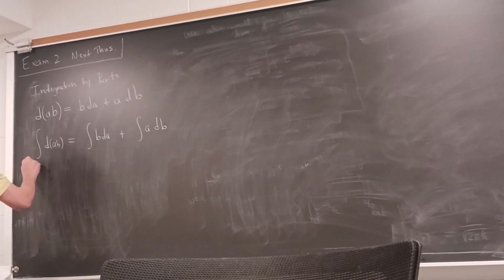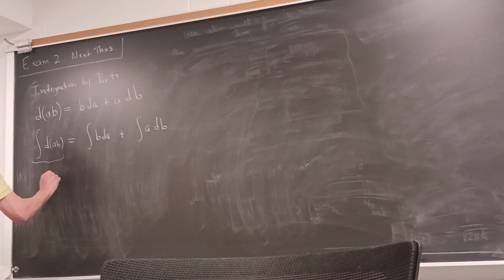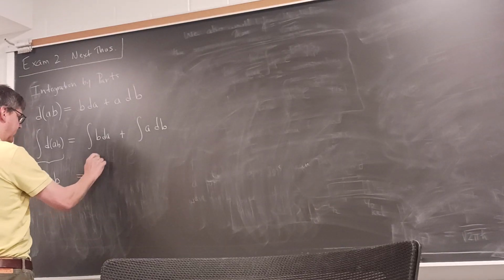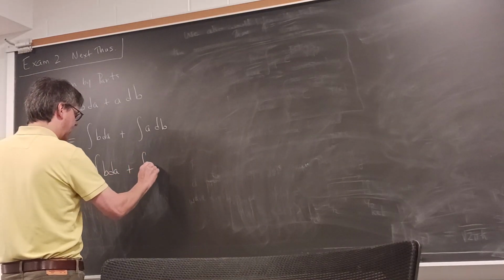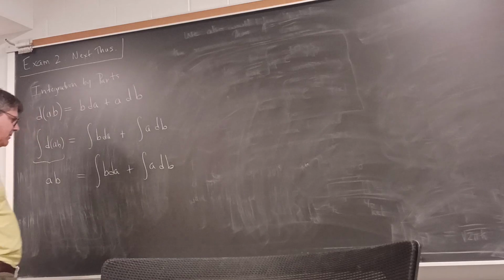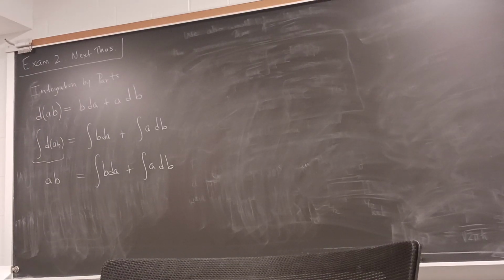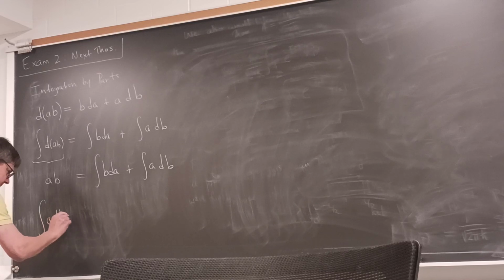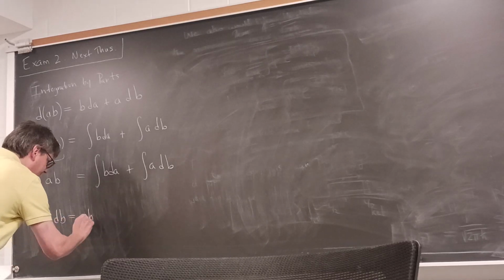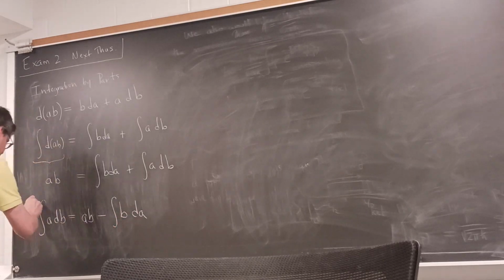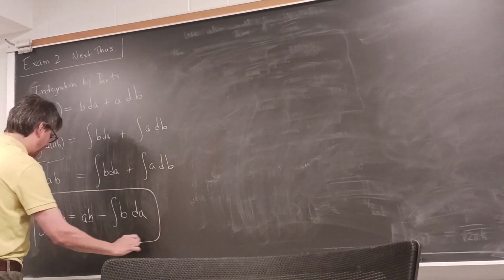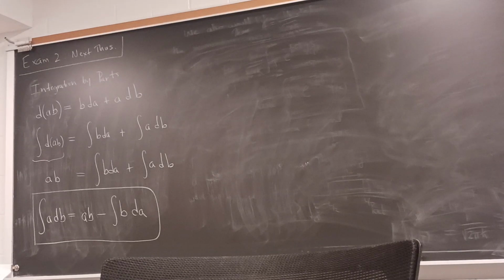But by the fundamental theorem of calculus, this is just AB, which equals the integral of B dA plus the integral of A dB. Then everybody solves for the integral of A dB. So the integral of A dB is equal to AB minus the integral of B dA, right? That's the formula.